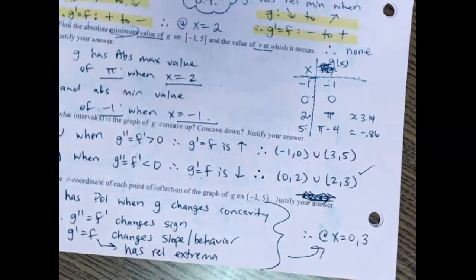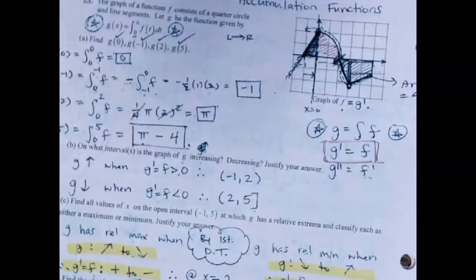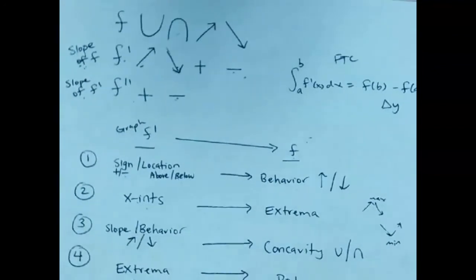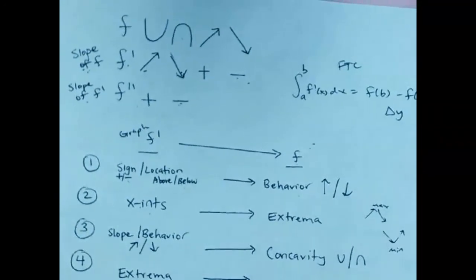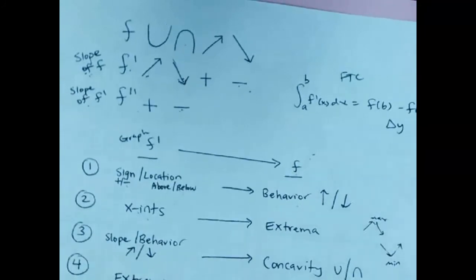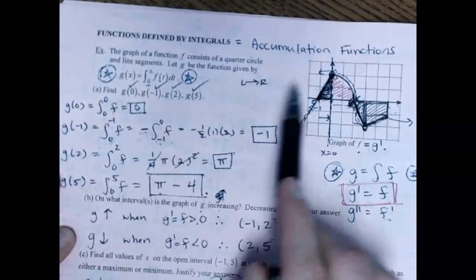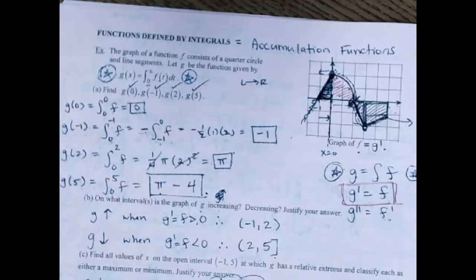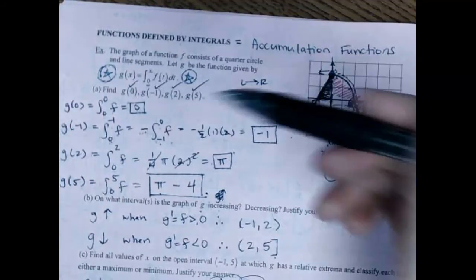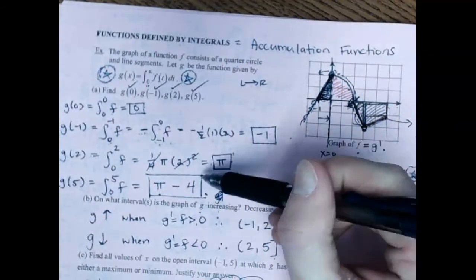So this function defined by an integral really ties back a lot to the stuff that we've been doing. The new stuff, now that we know integration, is part A, where I can look at the areas bounded by these derivatives, and I could use those areas to find y coordinates on the graph.